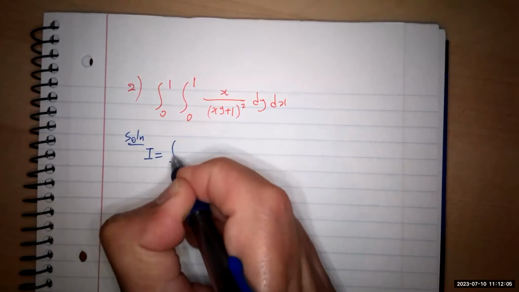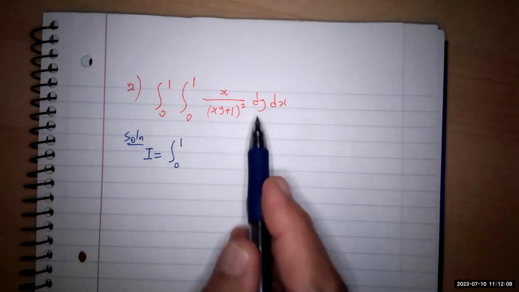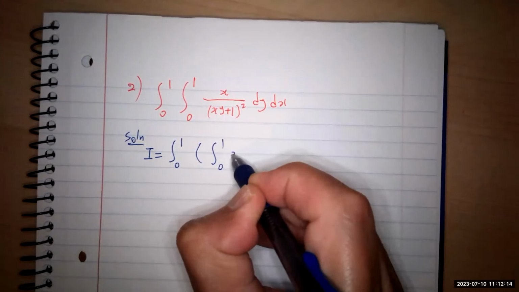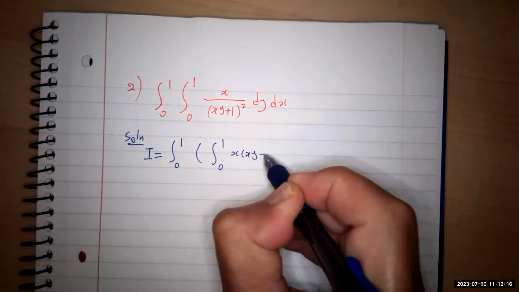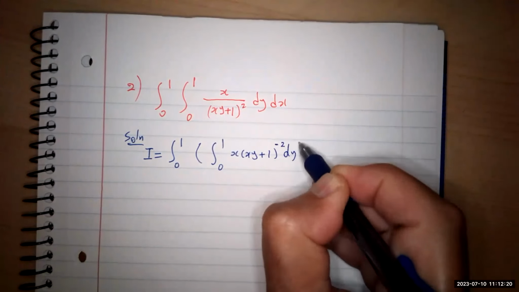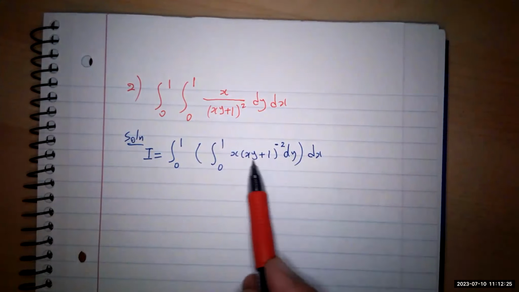It's going to be 0 to 1. I know that I have to integrate with respect to the y first. So I'm going to take this integral 0 to 1, and this is going to be x times (xy plus 1) to the negative 2, the dy, and then the dx. You have to use u substitution for this one.